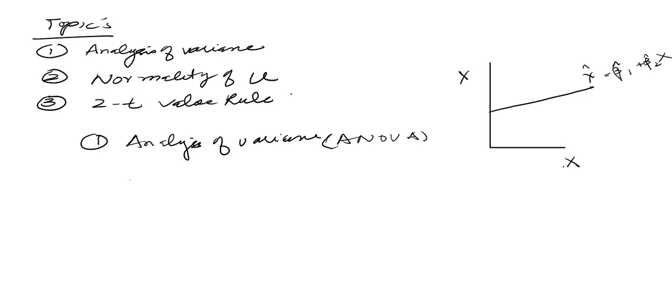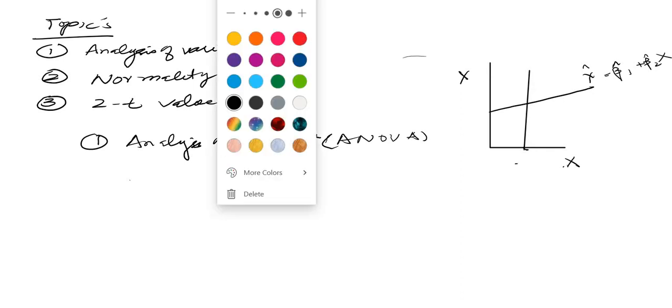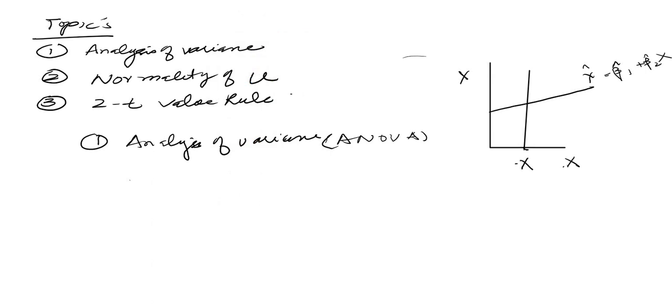Let me take one line here, so it looks like this. Sorry, a little late. So this is x1, this value is y1, and this value is y1 hat. We also have y bar, which passes through here. So this is y bar, and similarly we also have x bar.